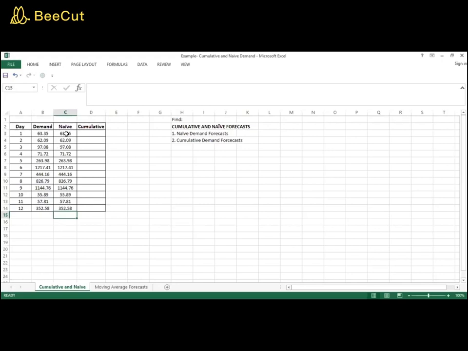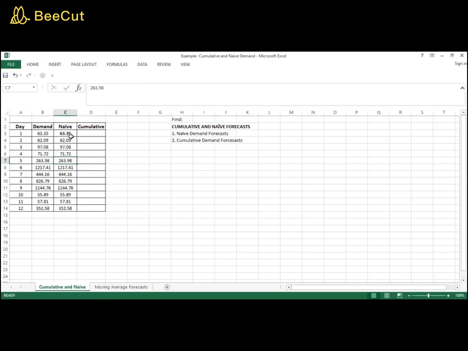But the one thing you do need to remember is that if a question says, what is the naive forecast for period 2, then the naive forecast for period 2 will be 93.35. Similarly, if a question says, what is the forecast for period 6, then you will say that the forecast for period 6 is going to be 263.98.